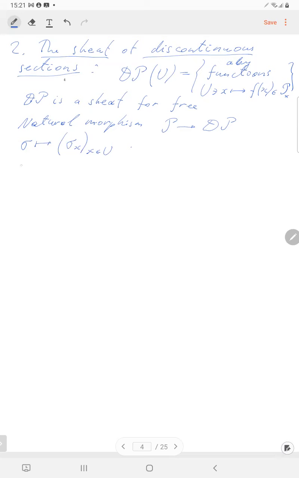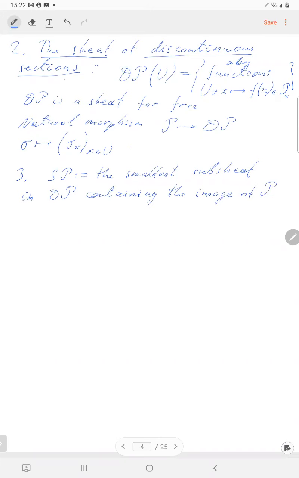Okay, and then finally, the desired construction is that the sheafification of P is the smallest subsheaf in D P containing the image of P.